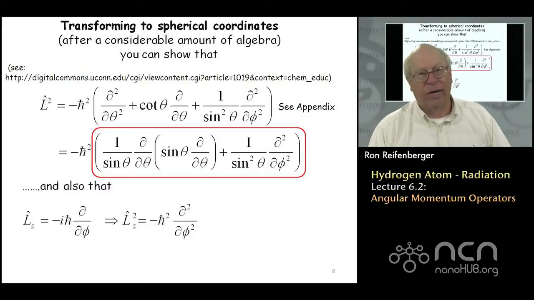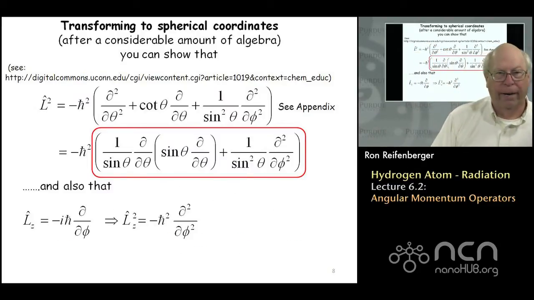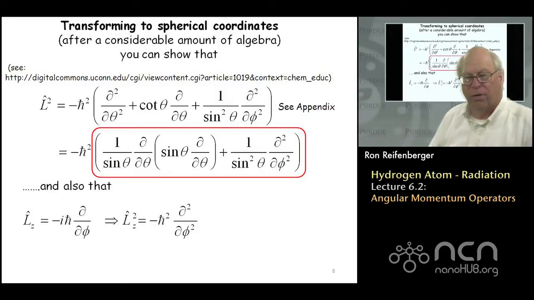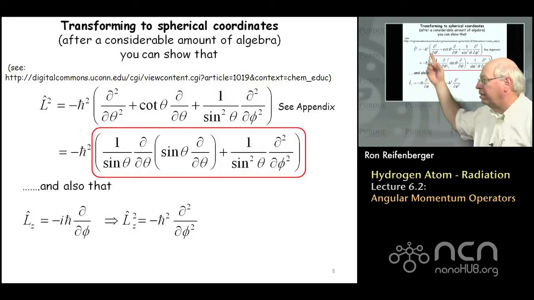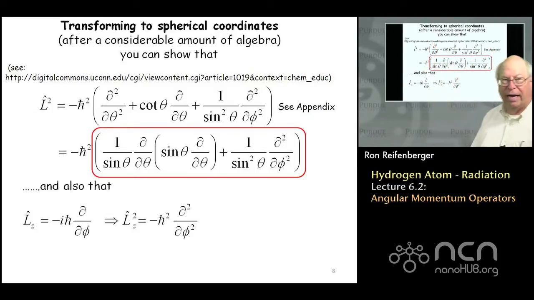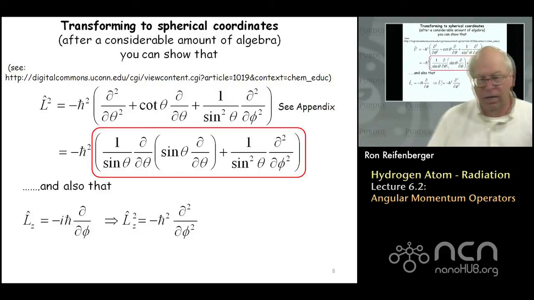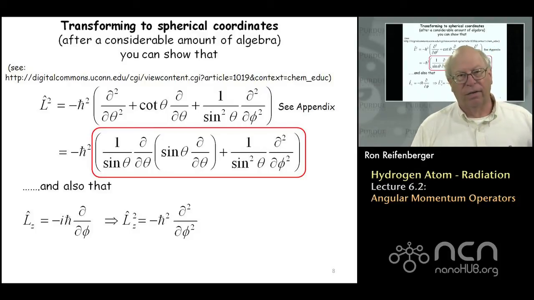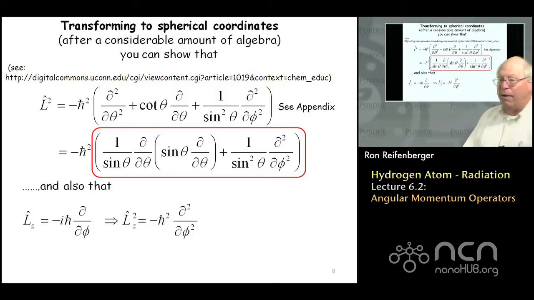Well, that transformation is formidable. It takes about 10 pages of algebra, which is brutal. If you're really interested, I found a nice website that actually goes through all the steps. But at the end of the day, what you find is that the square of the angular momentum operator is given by this quantity here.